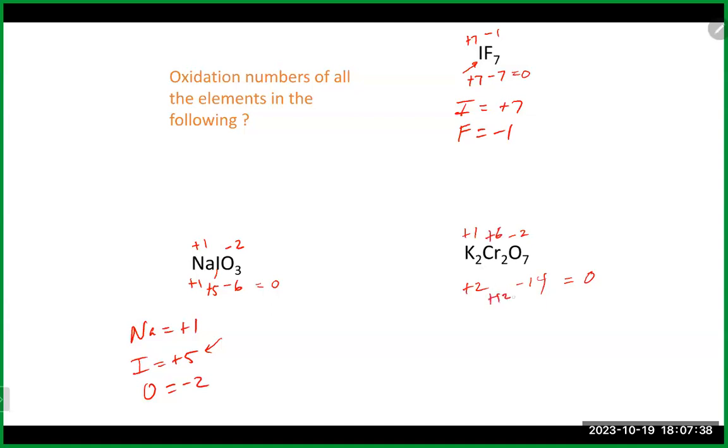That gives us a +12, which gets us to 0. So potassium, once again, would have a +1 oxidation state. Chromium would be a +6. Again, not +12 total. Oxygen would still be -2 in this case. Question on any of those?